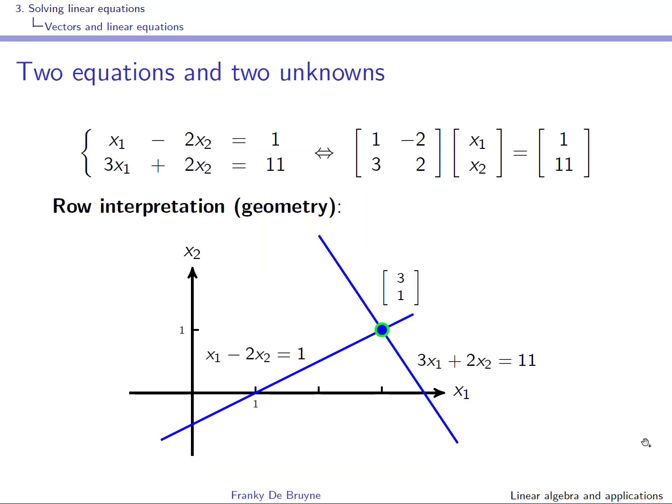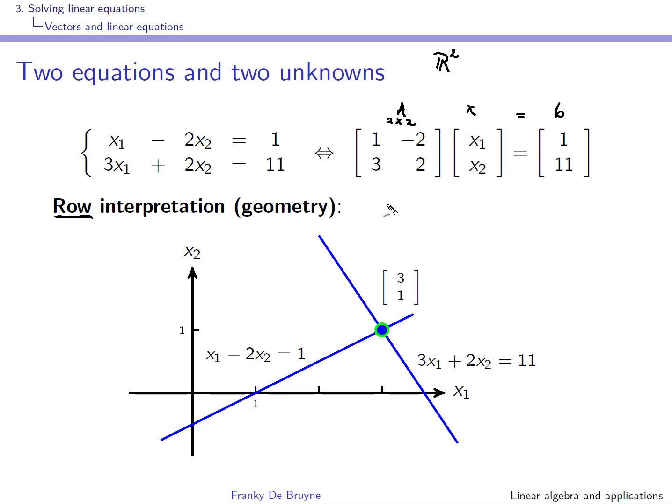Well, it's always good to have a look at a situation where things are simpler, so we'll work in R2 over here. So here is our system of equations AX equals B. A here is a 2 by 2 matrix, and we'll start with the row interpretation.